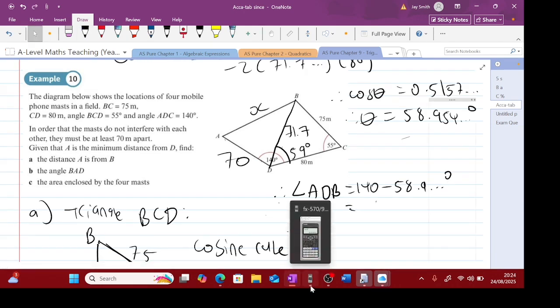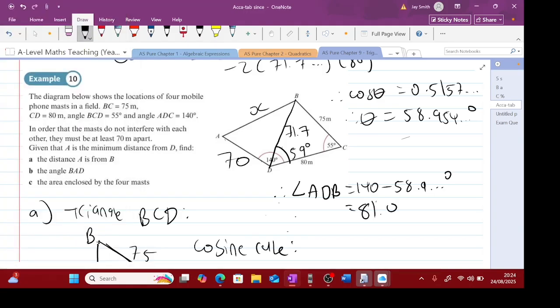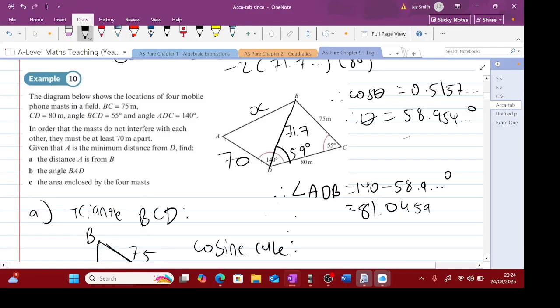So I can put that in the calculator: 140, and then this 58.9 was my previous answer. So we get 81.0459, blah blah blah. So that is now this angle here, 81.081, I'd say, degrees.